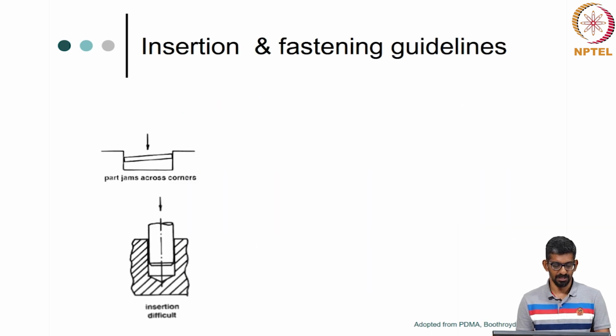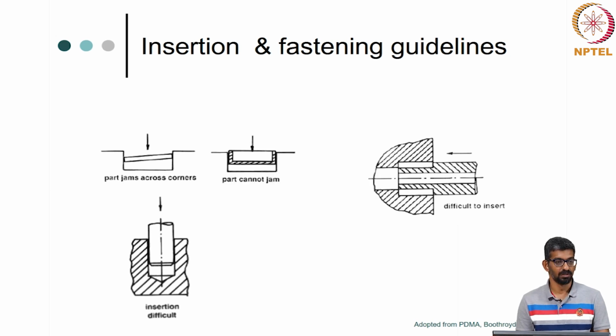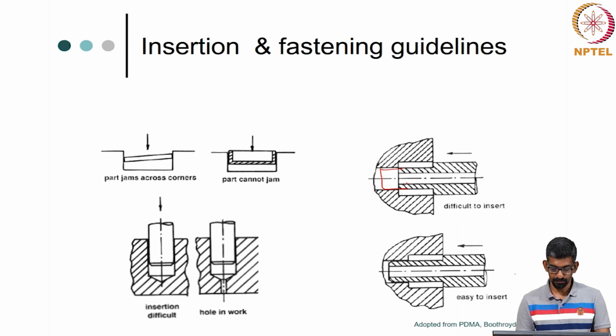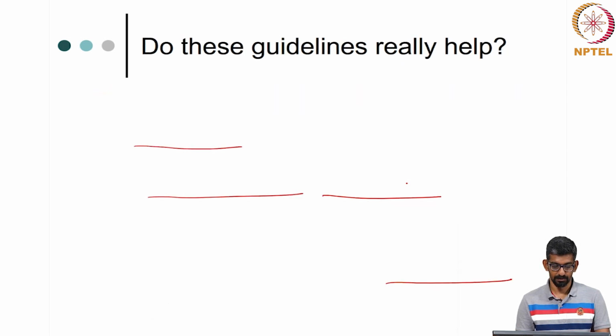In an insertion sense, make sure that you have access to the part that you are inserting until the insertion is over, okay. And a hole in the work, sometimes air might get locked, that is one that I am talking about. Difficult to insert because this particular length matches this length, that is not what you want. You might want this a little longer, then you are fine, okay.